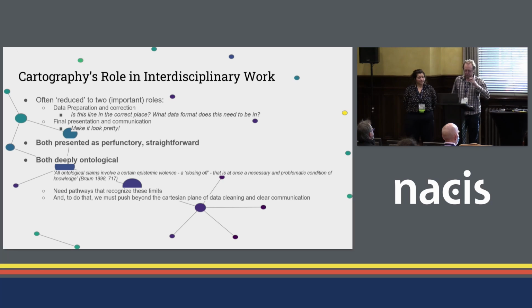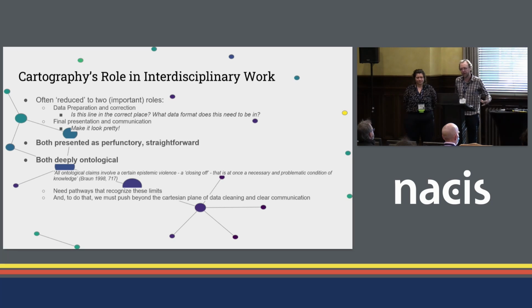And here I like to refer to this Bruce Braun quote from a 1988 symposium in the Annals of the AAG, where he writes that all ontological claims involve a certain epistemic violence, a closing off that is at once necessary and a problematic condition of knowledge production. And what I want to call for, coming out of this work and all of the work around districting, which I have really enjoyed doing in some ways, is that we need pathways to recognize these limits of representation.